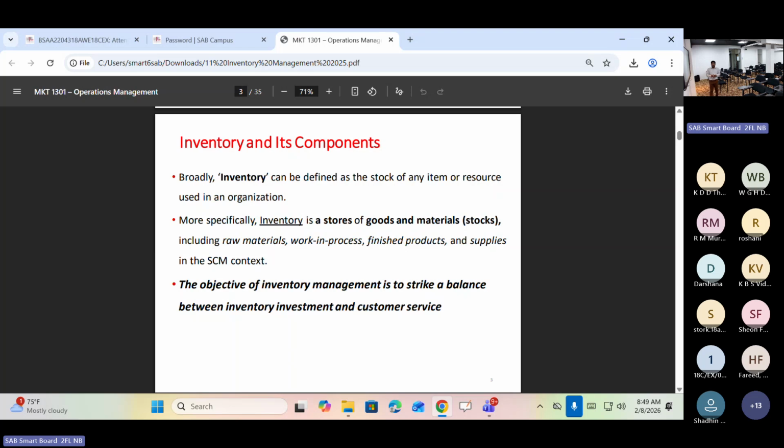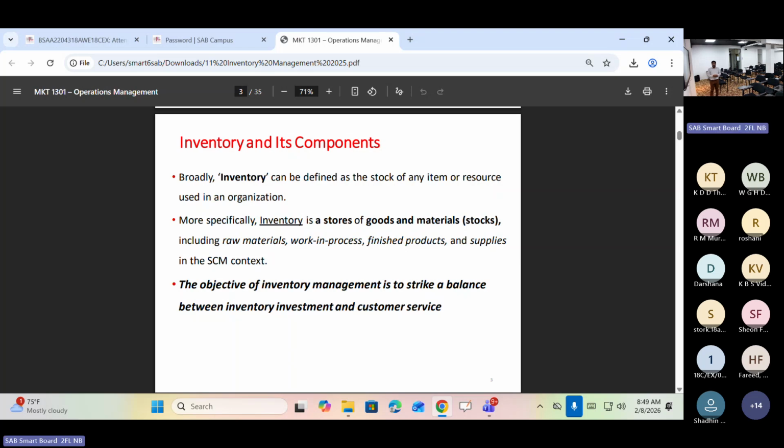In the same manner, the third type of inventory we call finished goods inventory. Those are the finished products, the outputs of the processes, the output of the operation system. Depending on the industry, for example, in a biscuits factory, that could be the packets of biscuits packaged and packed together.